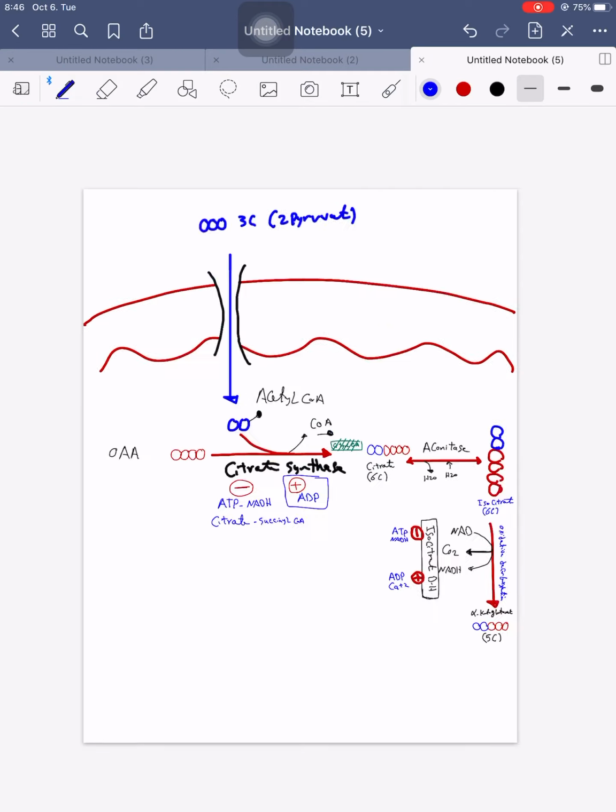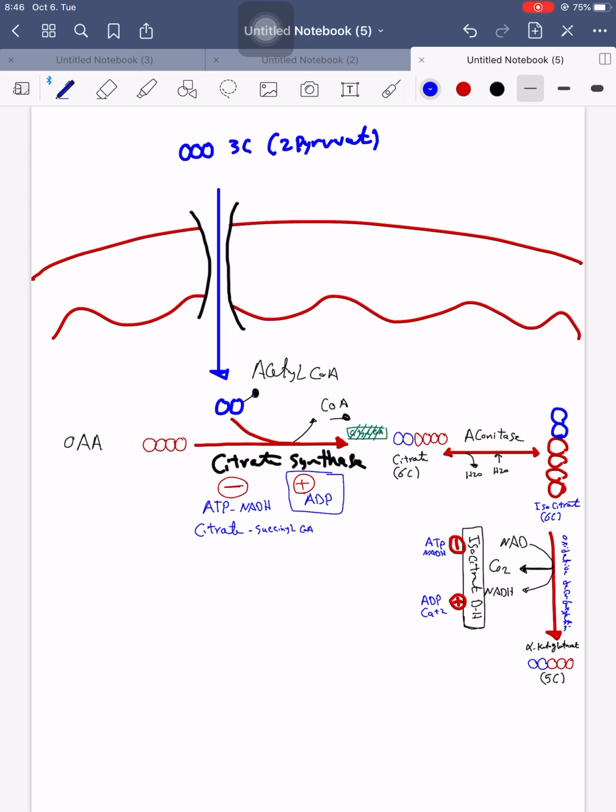Okay. After we have this 5 carbon molecule called alpha ketoglutarate, we will produce from alpha ketoglutarate succinyl coenzyme A. From alpha ketoglutarate to succinyl coenzyme A, again we will make oxidative decarboxylation.